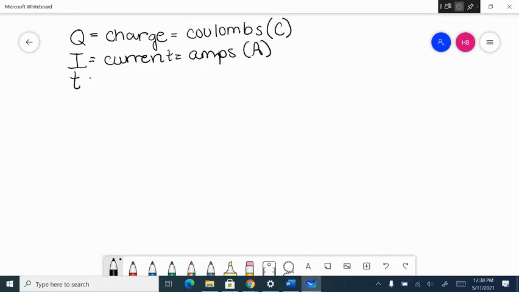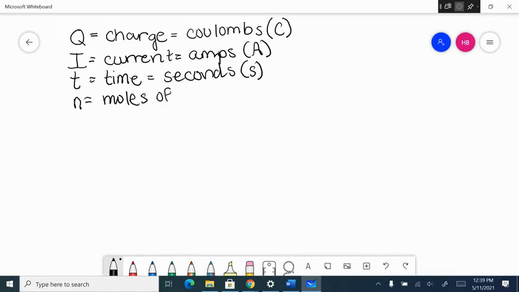T, of course, is for time, but we have to be careful because time needs to be measured in seconds. So if you're given minutes or hours, you need to convert to seconds. N, as always, stands for moles, and that's going to be, in this case, of metal ions.